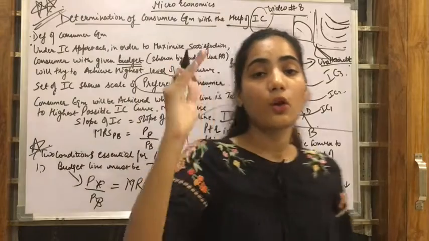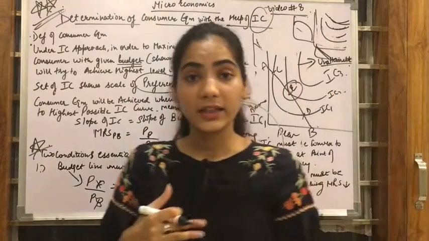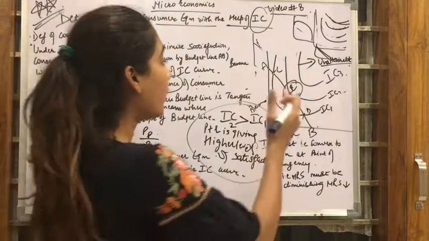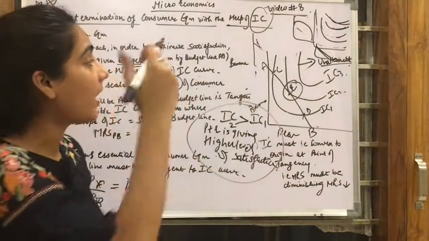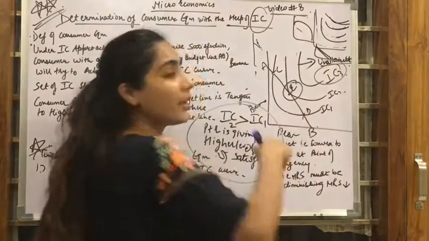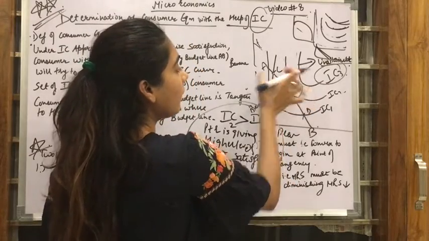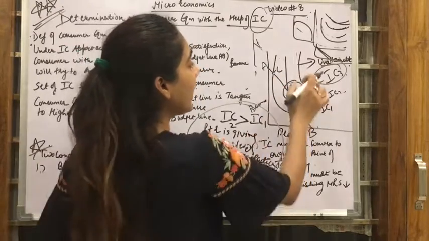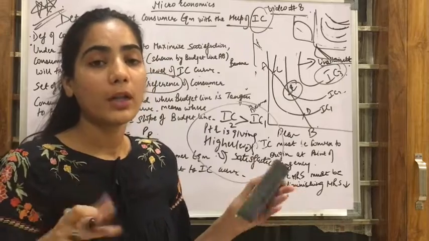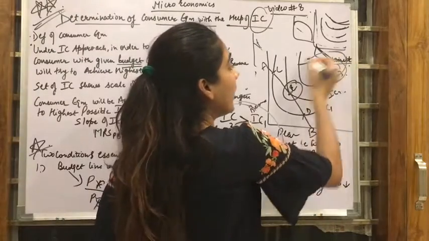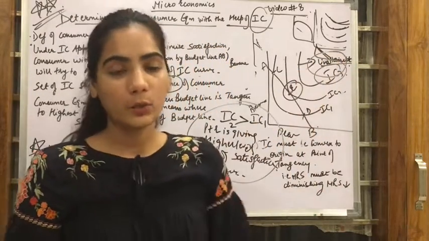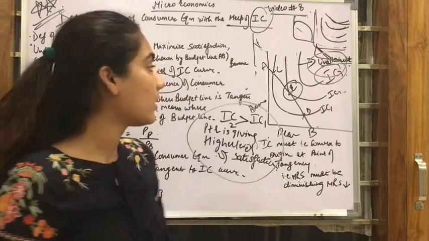IC3 curve is not tangent to our budget line. That means our budget is limited, and IC3 is much beyond that. It is not possible to have the consumption of any good on IC3 because we are not able to attain the quantity of good on IC3. It is beyond our reach.